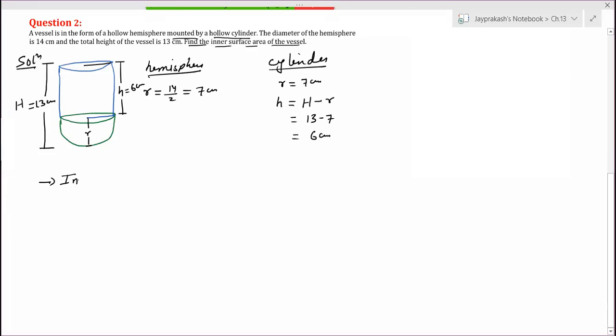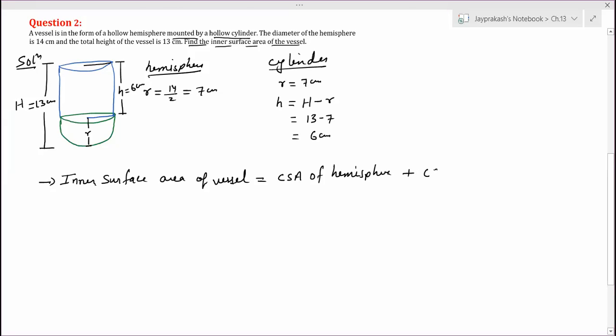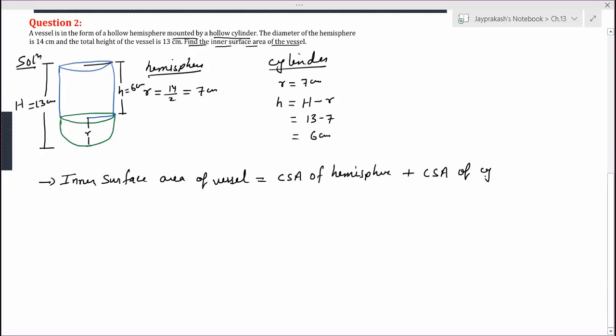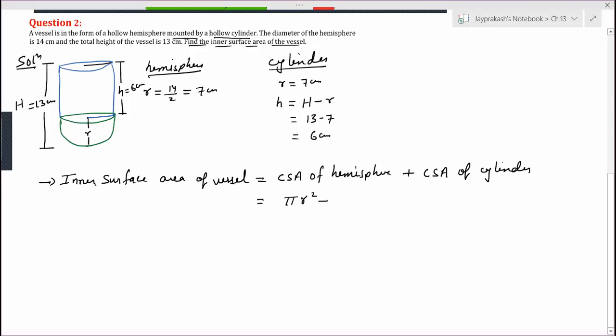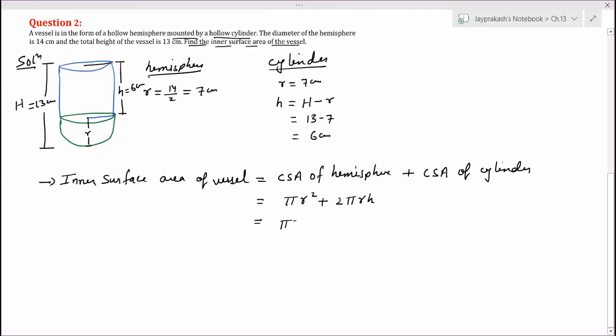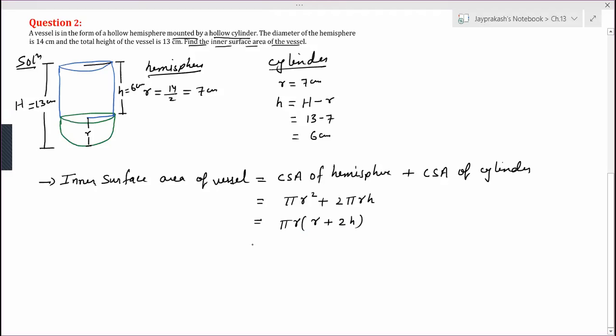That means the inner surface area of the vessel equals the curved surface area of the hemisphere plus the curved surface area of the cylinder. The CSA of the hemisphere is 2 pi r square and the CSA of the cylinder is 2 pi rh. Now take common.